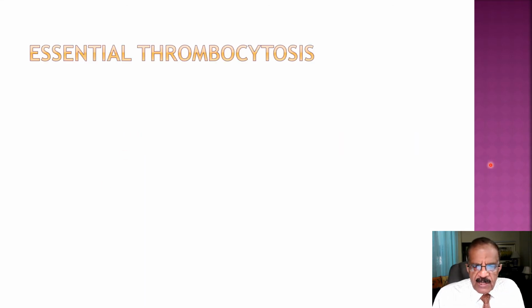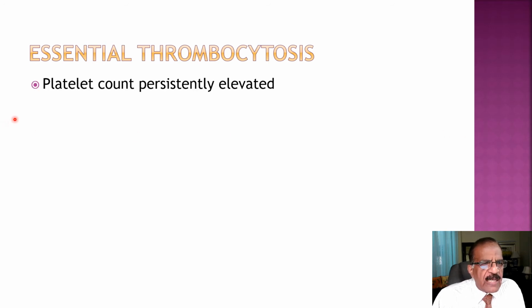Some essential components: one is that the platelet count is persistently elevated, way above 450, I would say at least 600, 700. Many times we make a diagnosis and do not take any action because, just like polycythemia, many of these patients have a very normal life expectancy.